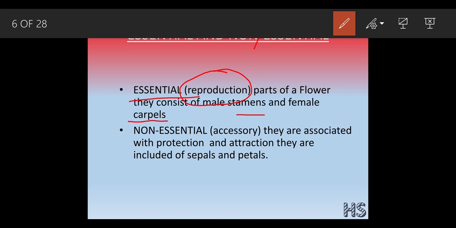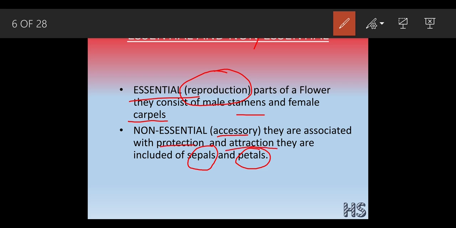Then who are considered to be the non-essential parts? Non-essential parts are nothing but sepals and petals. These parts are usually considered as accessories. Accessories means the extra parts. Okay, they are the extra parts, non-essential. They are just involved with protection and attraction.